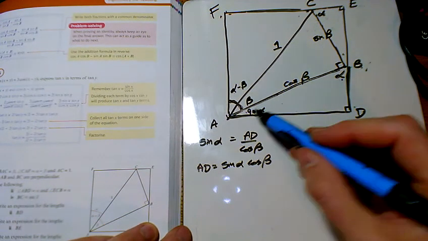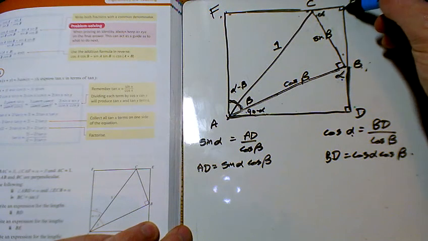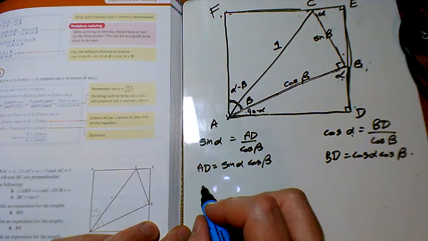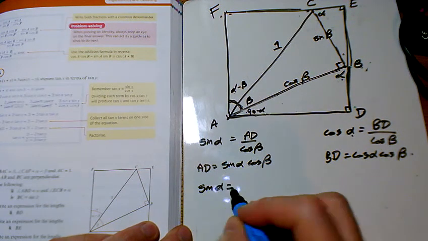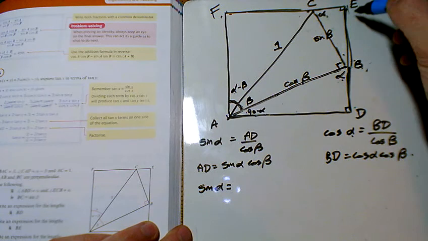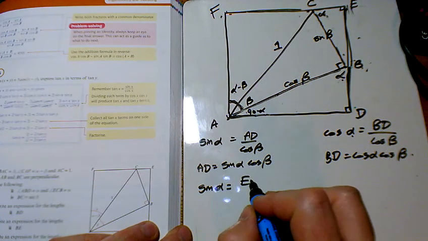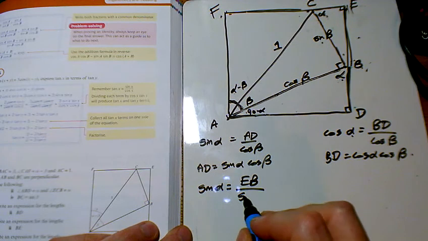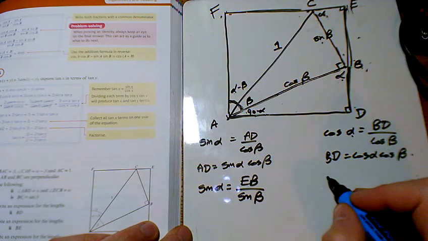Part C says do the same thing again, but now look at this triangle here. This little triangle here. And again, we want to find out what the sine of alpha is. The sine of alpha here is the opposite side, EB, divided by the hypotenuse, which this time is the sine of beta.